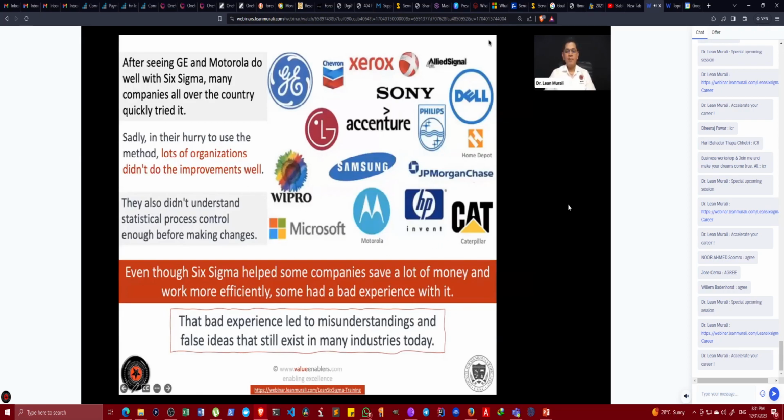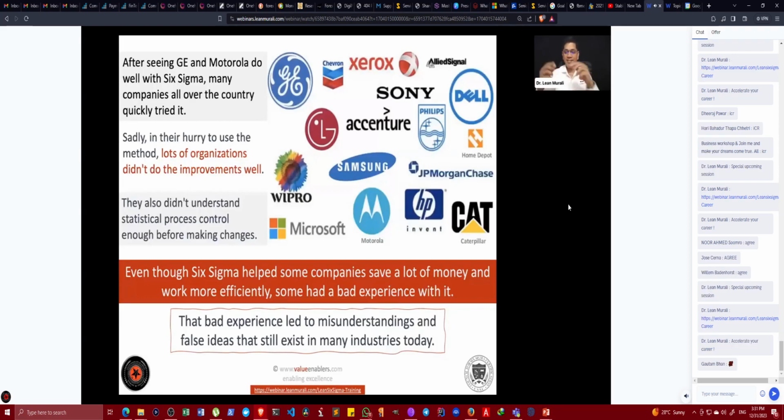Okay, for example, even Motorola, which is supposed to be a Six Sigma company, did not execute the strategy well, and hence, see, it is not enough if you have a great quality product when you don't have the right strategy on what product you should be in. How many of you agree with me? You can produce a great product with Six Sigma quality, and the product might be outdated. Okay, you cannot produce cassette tapes anymore. You cannot produce CD discs anymore. You cannot produce floppy disk anymore. It will flop.